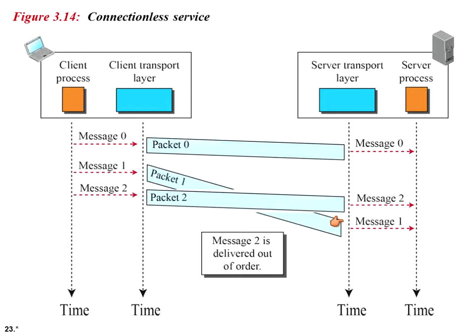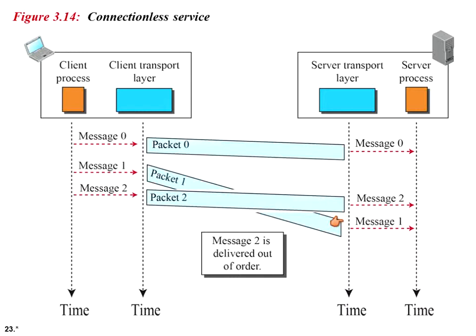So the receiving transport layer has no idea that one of the messages has been lost. So it just delivers 2 chunks of data to the server process. So here you can see message 2 is delivered out of order.